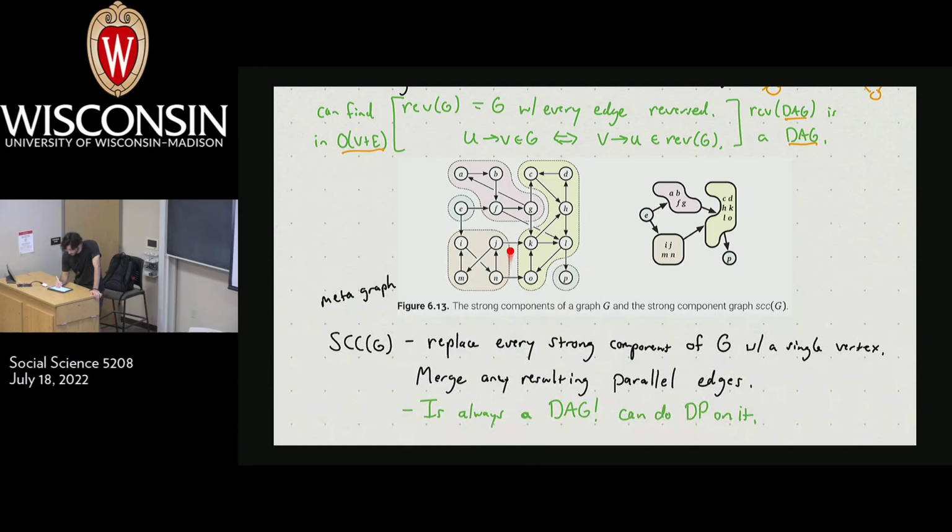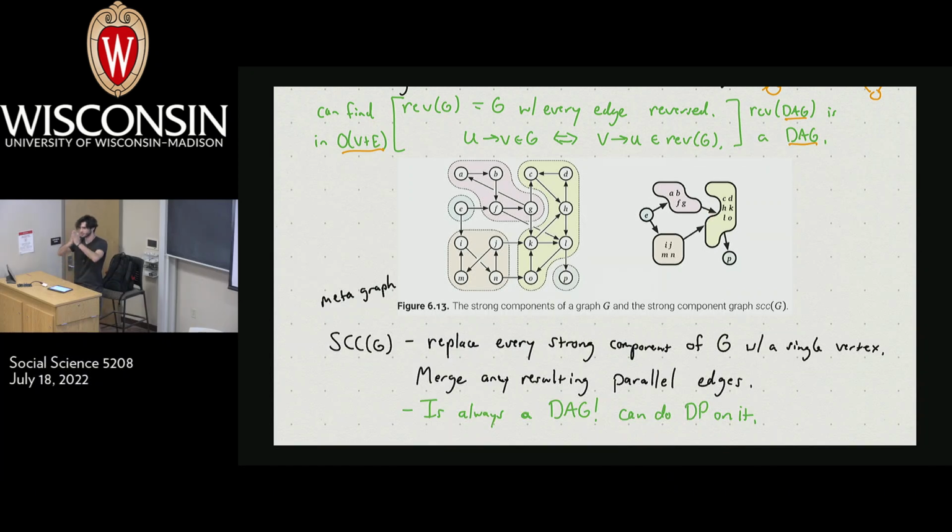And so what we're going to do is take all the components and collapse them into a single node. So here the ABFG turns into this blob. E turns into a blob. All of them turn into their own blob. And then we're going to collapse parallel edges. So for example, G has two different edges to the yellow blob, but there's not two edges here.